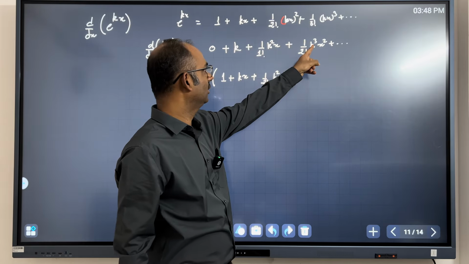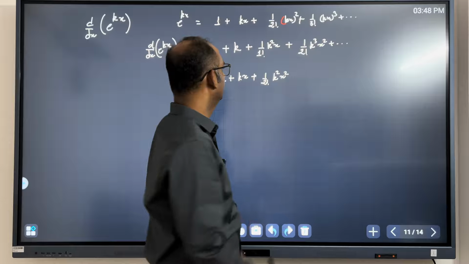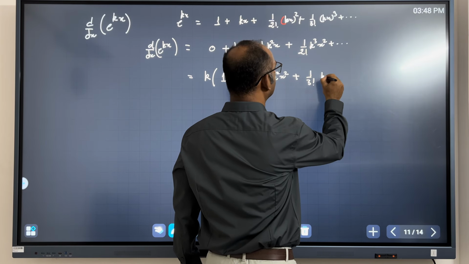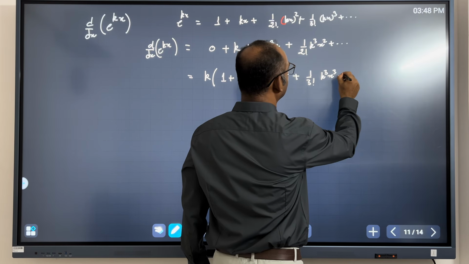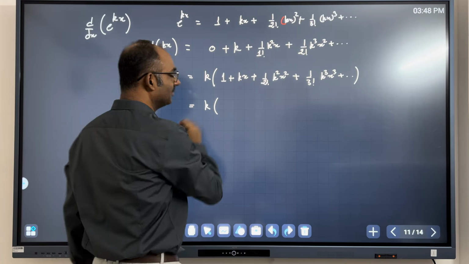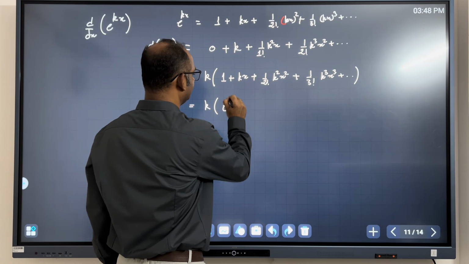So I pulled out a factor of k from here, so it leaves behind a k square x square over 2 factorial, plus the next term will give you k cube x cube and so forth, right? So this is k times e to the kx.